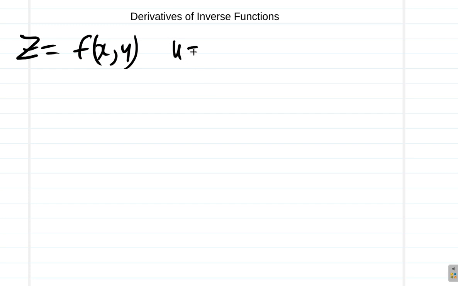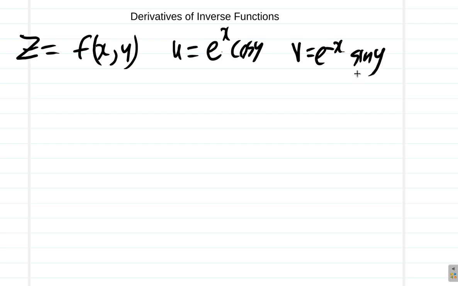Let u be equal to e to the x cos y, and let v be equal to e to the negative x sin y. Right? And by the way, I get this example from the Engineering Mathematics by K.A. Stroud. Right?